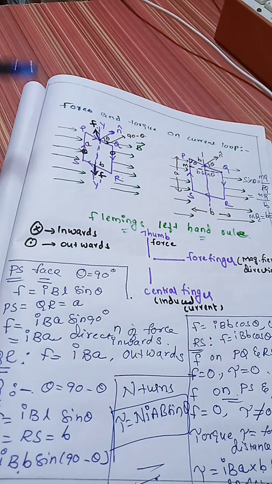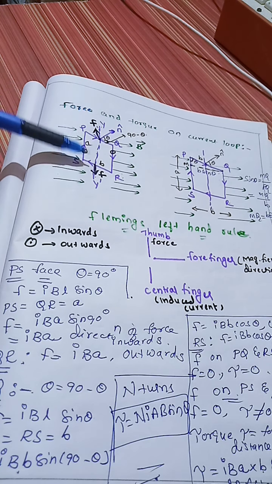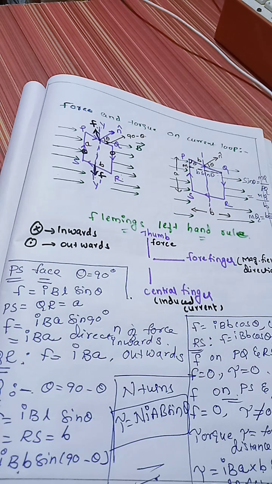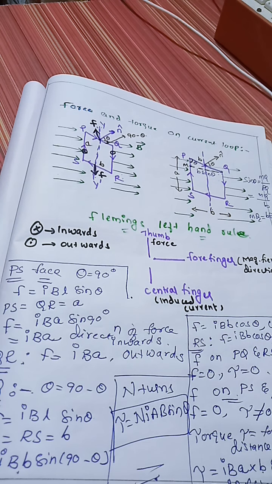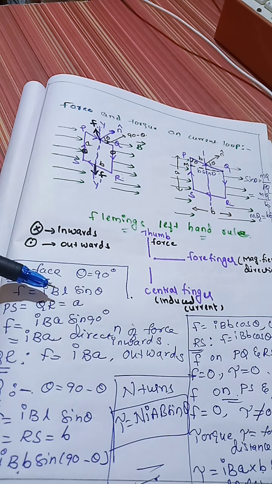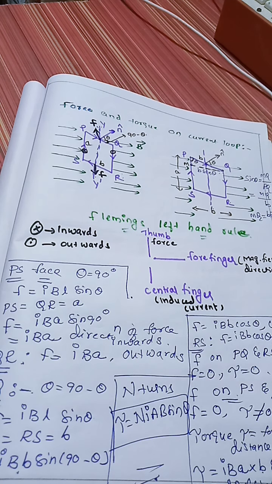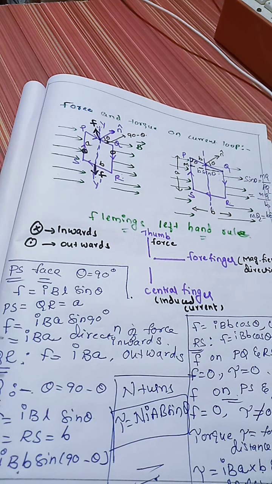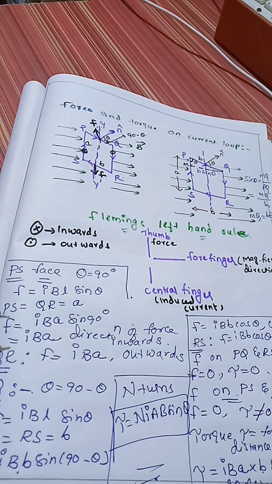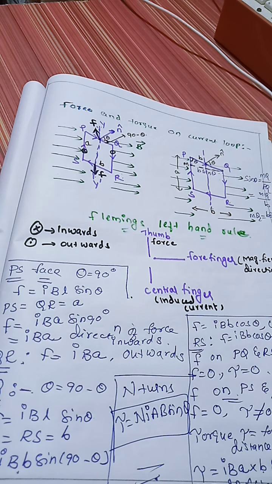Let us assume that the length PS is equal to QR is equal to A. Now from the force formula, F equal to IBL sin theta, we get IBA sin 90 degrees. So the magnitude of force along the PS face is equal to IBA.